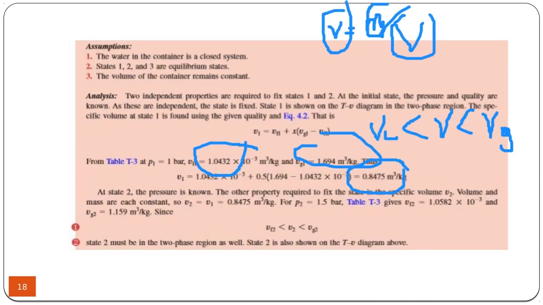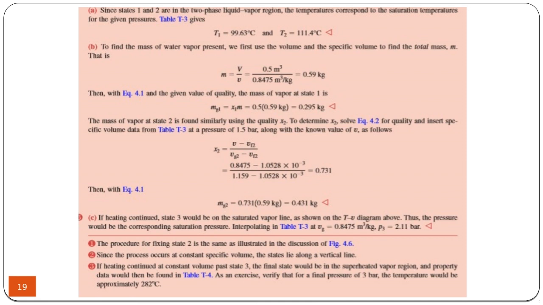However, even though we have the same specific volume, with a higher pressure we need to go to the table again and find the specific volume for liquid and gas, this time for a pressure of 1.5 bar. These are the values of the specific volume of water at 1.5 bar.